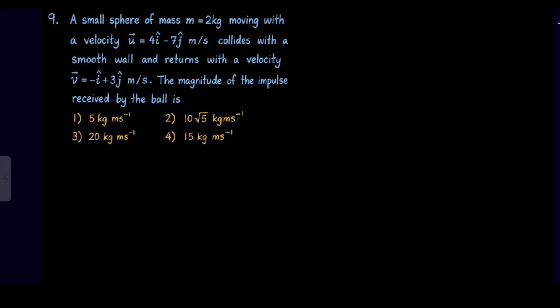The sphere collides with a smooth wall and returns with a velocity. Impulse is nothing but change in momentum. Delta P we have to find out: final velocity minus initial velocity. That's it. Impulse means change in momentum.